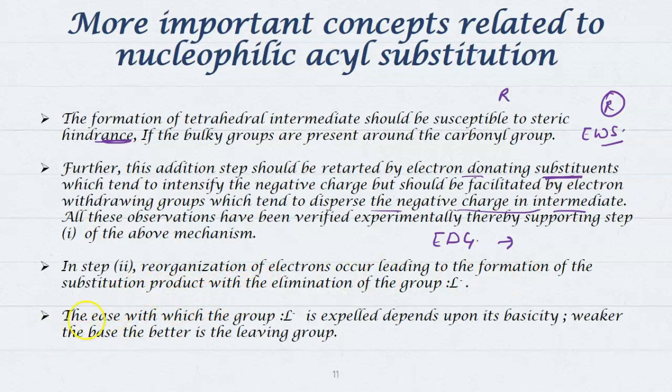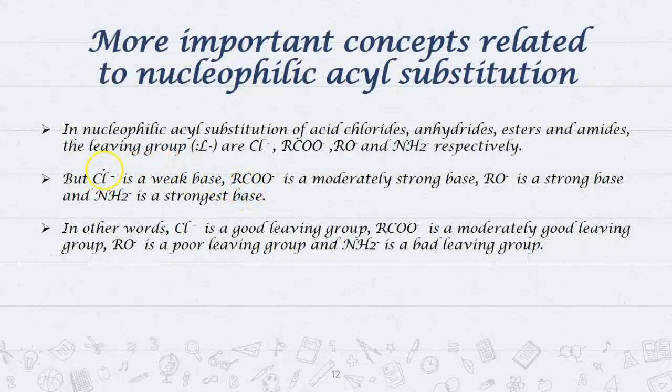Alright, another important part is the ease with which the L group is expelled. It completely depends upon the basicity. Correct. Weaker the base, better is the leaving group. Remember this point, weaker the base, better is the leaving group. So in the nucleophilic acyl substitution of all of these functional derivatives, what will happen? Your Cl being a weaker base is going to be a good leaving group.